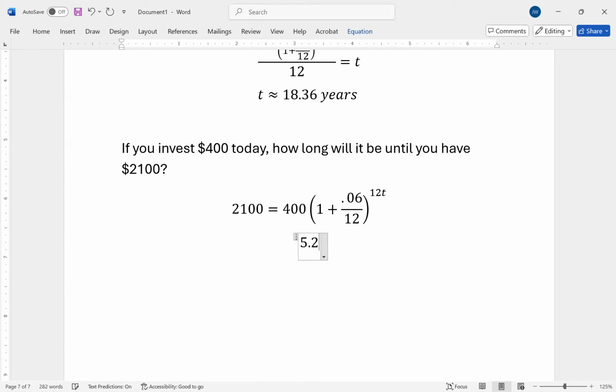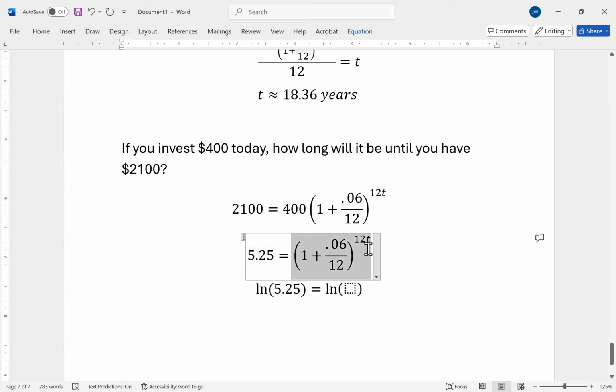That would give me 5.25 is equal to (1 plus 0.06 over 12) raised to the 12t. And then again, you could take either natural log or you could take log base 1 plus 0.06 over 12. I prefer to take natural log, so I'll do natural log of both sides. Natural log of 5.25 is equal to the natural log of that right-hand side.